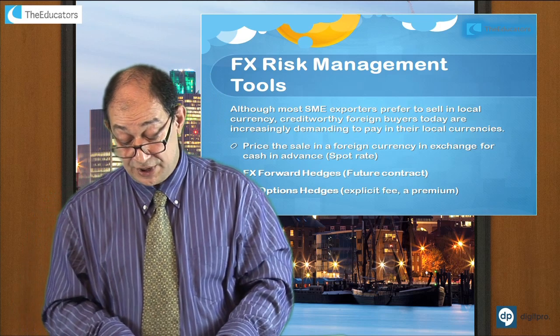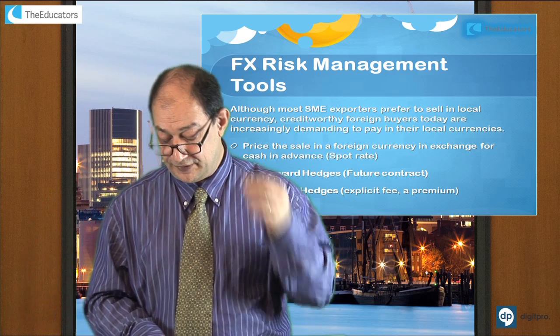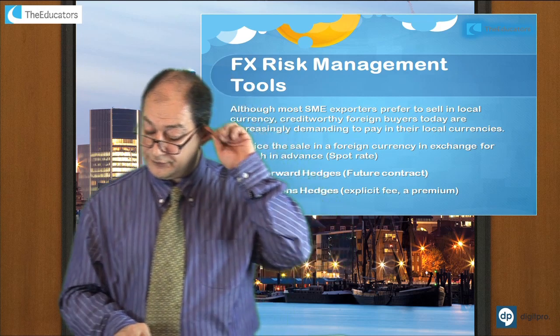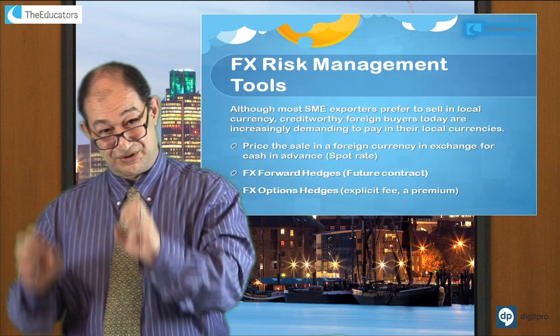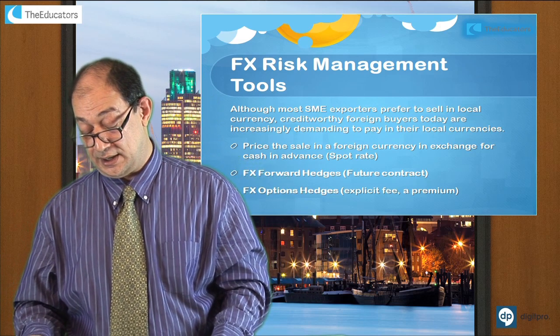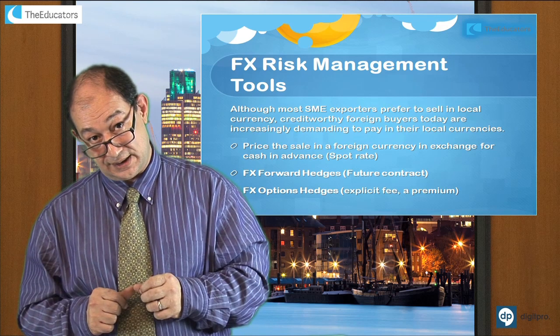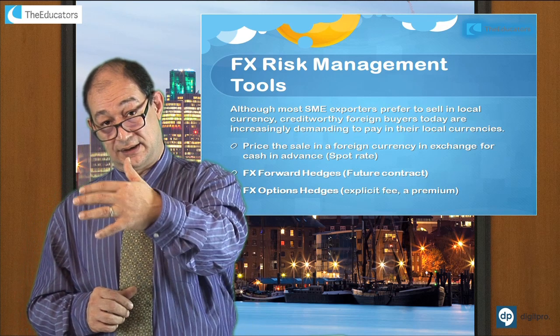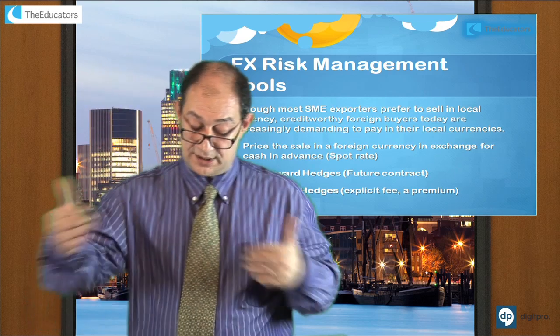You can hedge it by buying an option. But the difference between the option and the future currency contract is that in a future currency contract, you're actually buying or selling that currency, which has a date for it to happen, and it's going to happen. With an option there is a period.